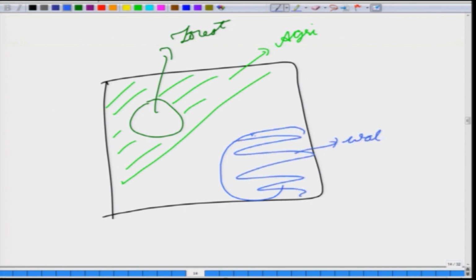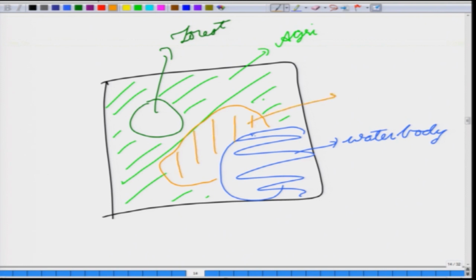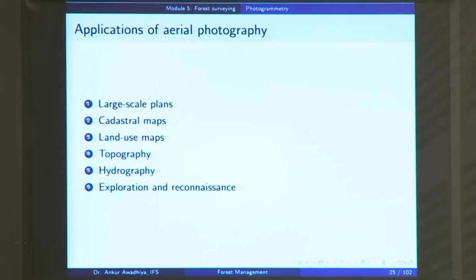So, this is a water body, and these areas were your agricultural fields, and say in this section you have houses. So, this is a land use map in which you are using a map to depict what are the different land uses that are there on the ground. So, that is a land use map, and you can make it very easily using the aerial photography.